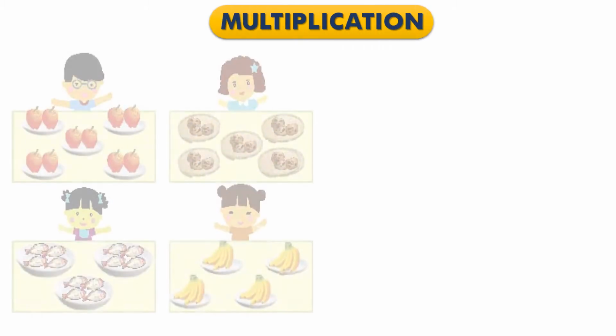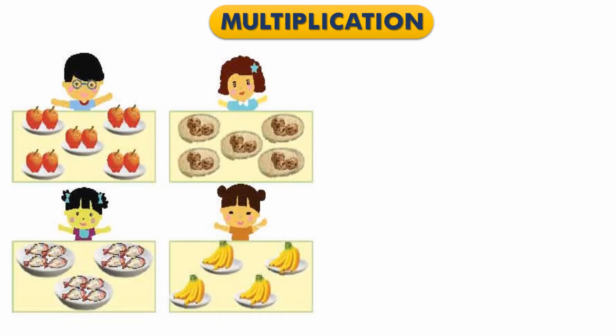First of all, I'm going to show you some pictures. If you look at the picture, you can see that a boy has some fruits in front of him. A girl has some potatoes, another girl has some fish, and another girl has some banana.